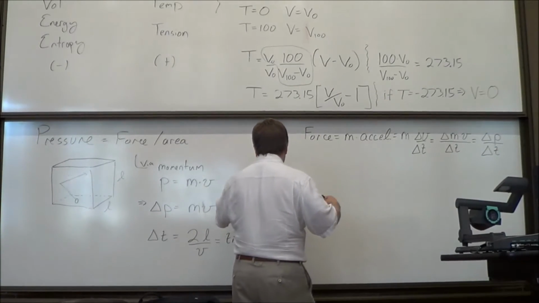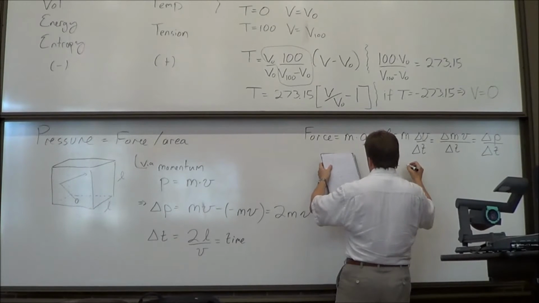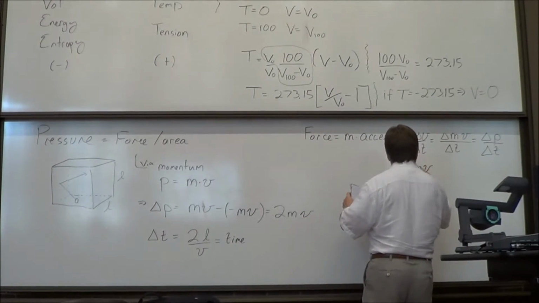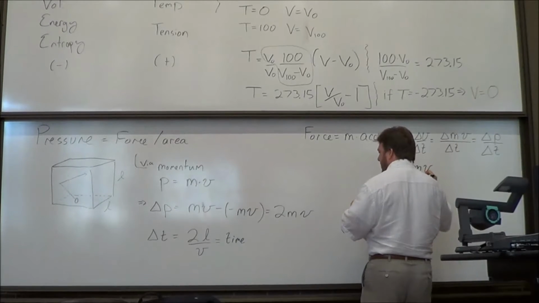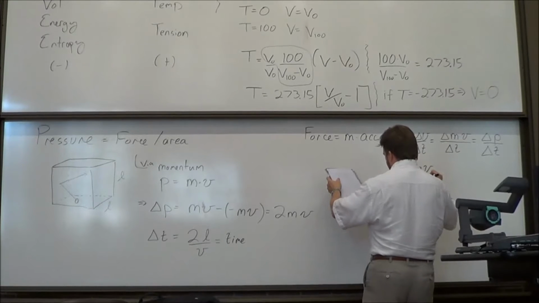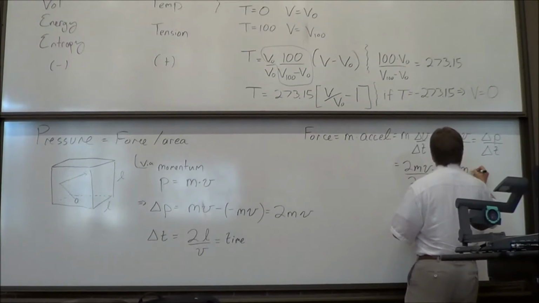Okay, and therefore this is, sorry, I painted myself into a corner. Okay, what is it? 2MV, delta T is 2L over V. Now the V's on top. Okay, and so that's mV squared over L.